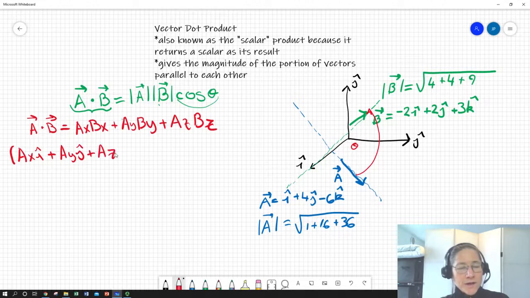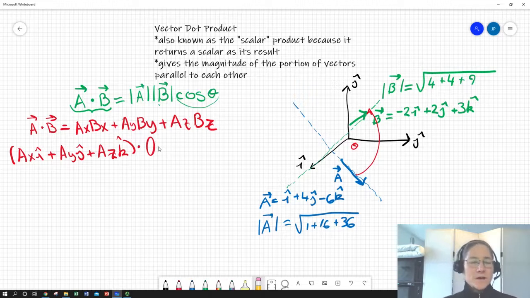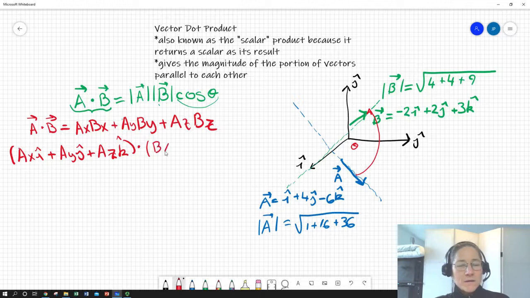And I won't go through the whole thing because it's kind of long. So we're going to dot this into B, Bx i hat plus, so these are each component, these two vectors.